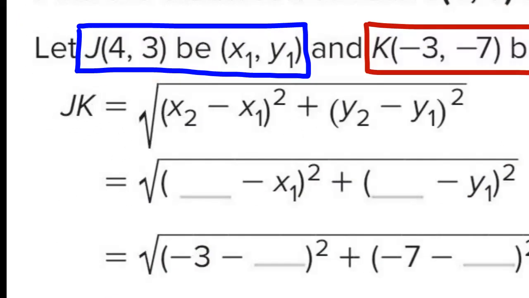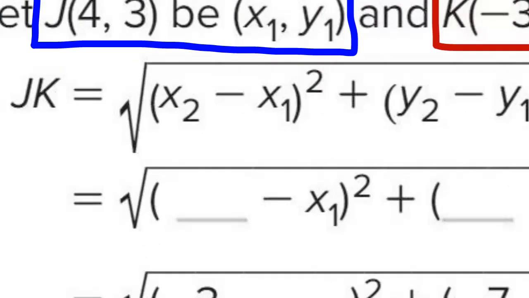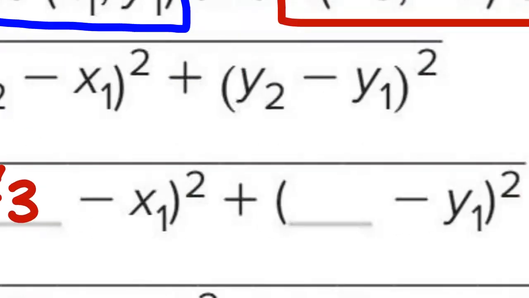All right. Let's fill in our distance formula. We're going to do x2 minus x1 inside the first set of parentheses. What number are we putting in for x2? -3. What number are we putting in for y2? -7.